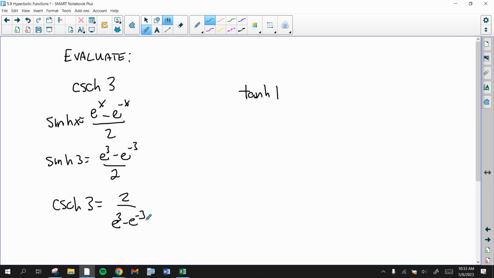But let's go over to the hyperbolic tangent of 1. So tangent is sine over cosine. So the hyperbolic tangent is hyperbolic sine over the hyperbolic cosine. So as we said, hyperbolic sine would be e to the first minus e to the negative first, all over 2.